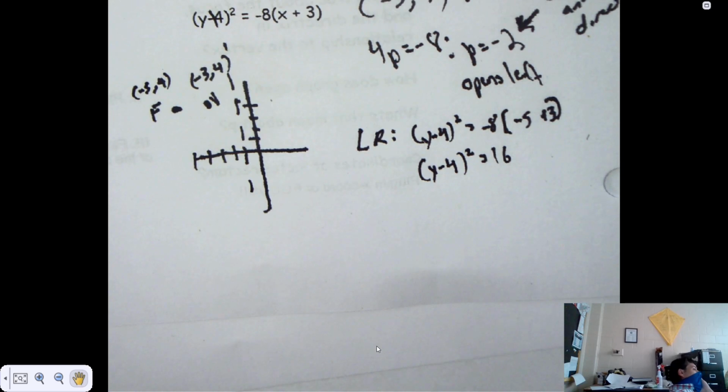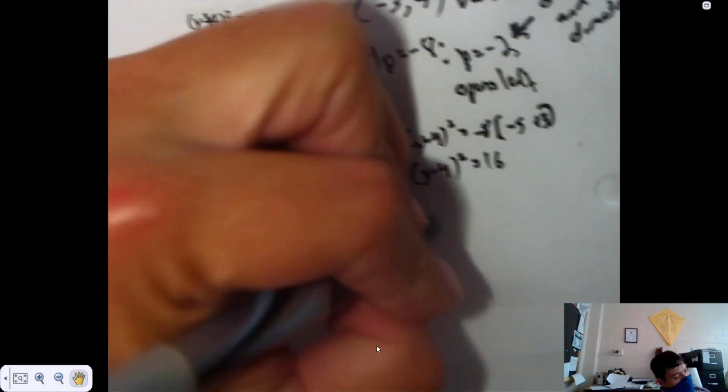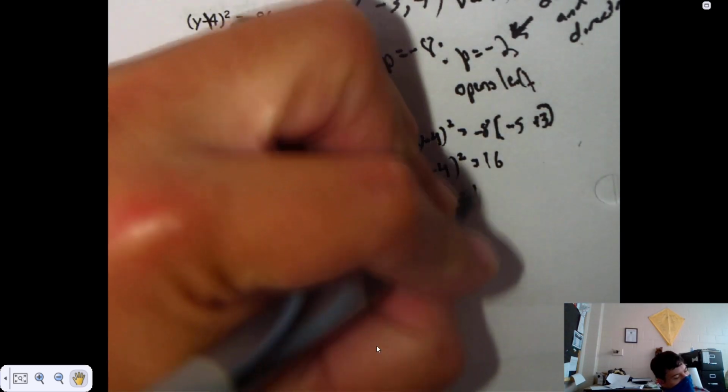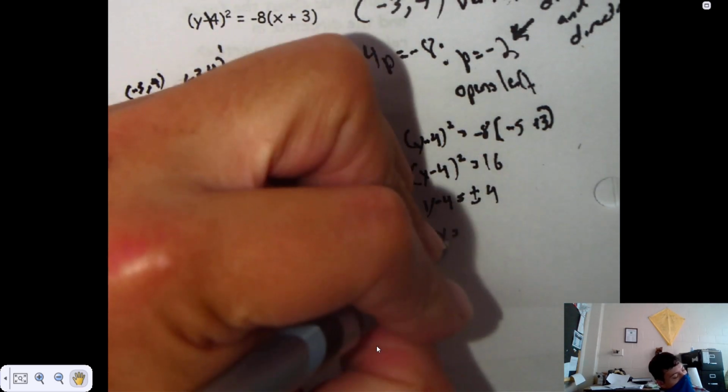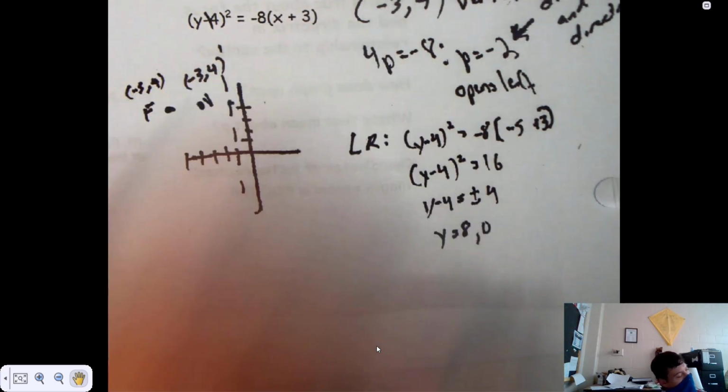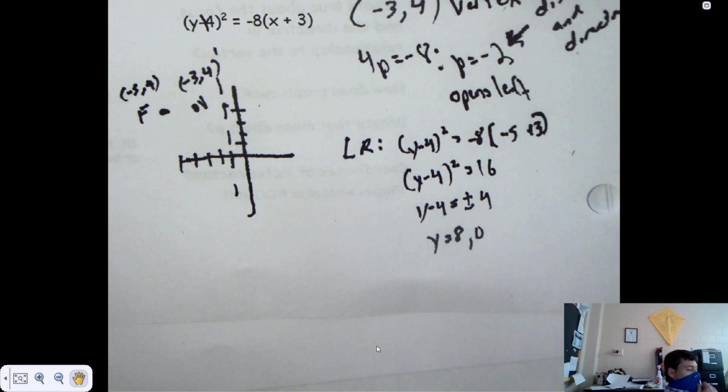Counteract squaring, how? Square rooting. So I think you'd have y minus 4 equals plus or minus 4. And when you add 4, what are your two y values? 8 and 0.